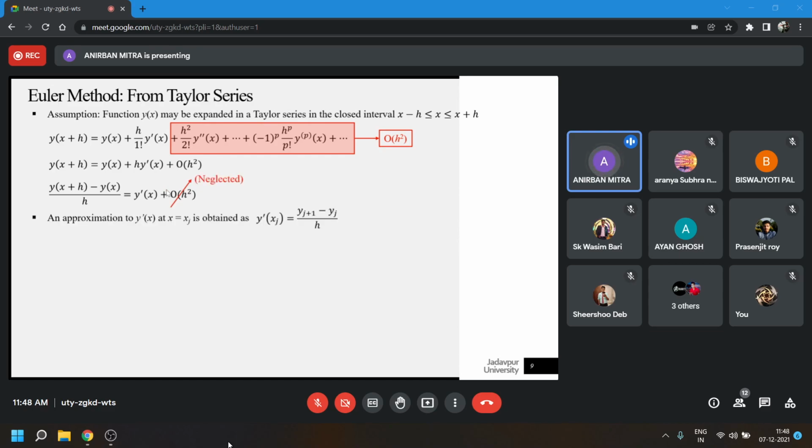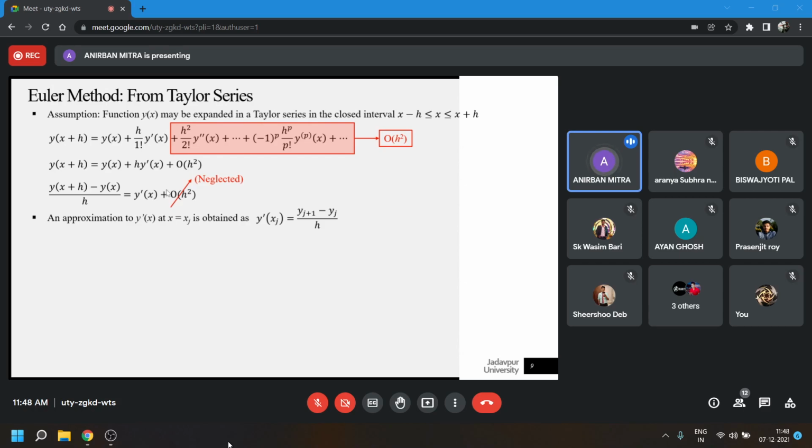If those terms are neglected, we obtain an approximation of y dashed x at x equal to xj, and that would be y dashed xj is equal to y(j plus 1) minus yj divided by h.